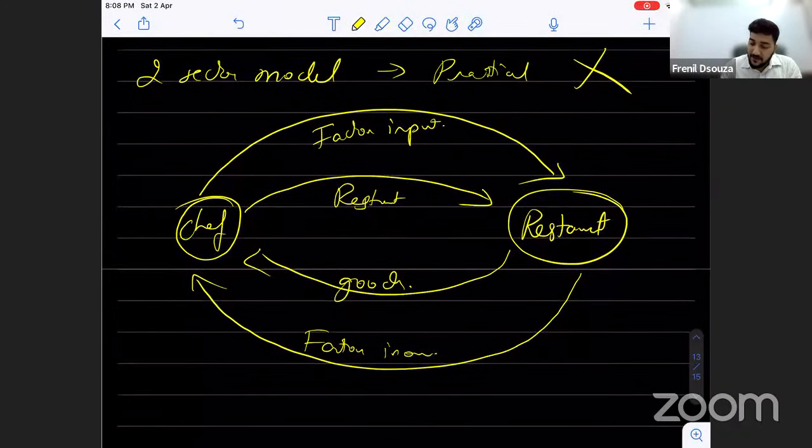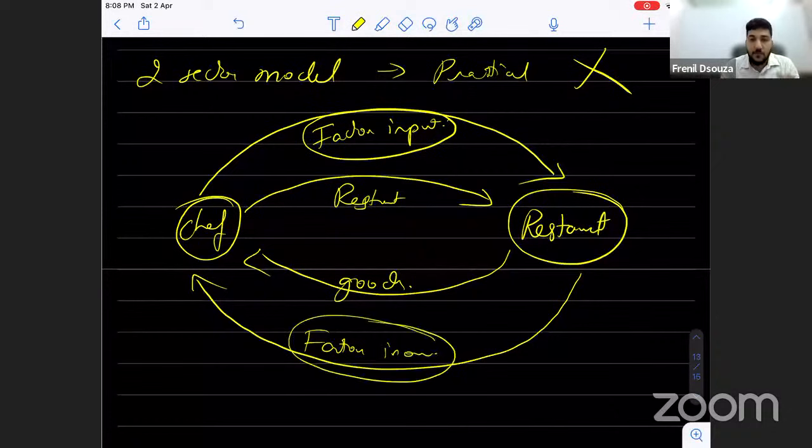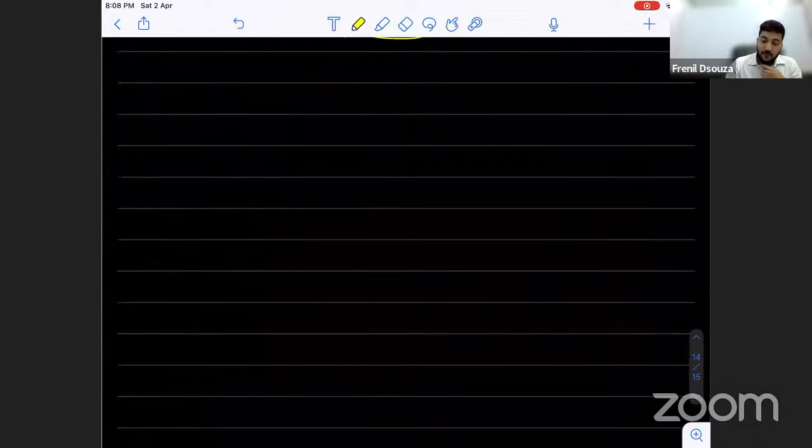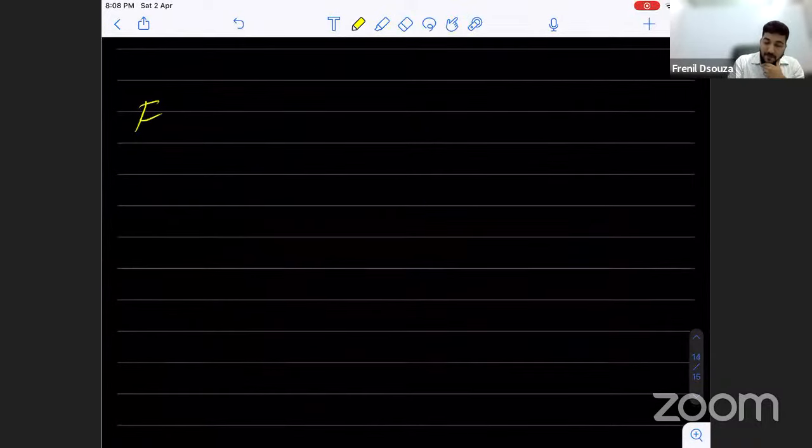And you have to understand that here factor income is equal to the household income. Factor input and its value is equal to the household income, and whatever money is received by the restaurant is also the same. And the value of goods given by the restaurant is also the same. So everything here, I can put this way: factor payments equal the household income, which equals the household expenditure.